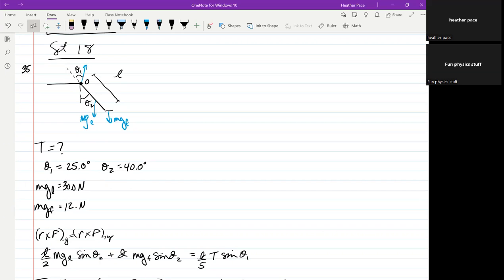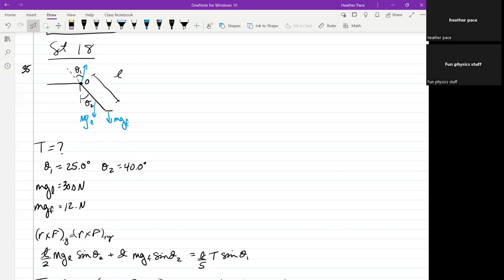All right, so we start off with, what are we looking for? We're looking for T. I have drawn their little picture of a big quadricep and a leg. I have just drawn a graph, and I've drawn all of our forces.